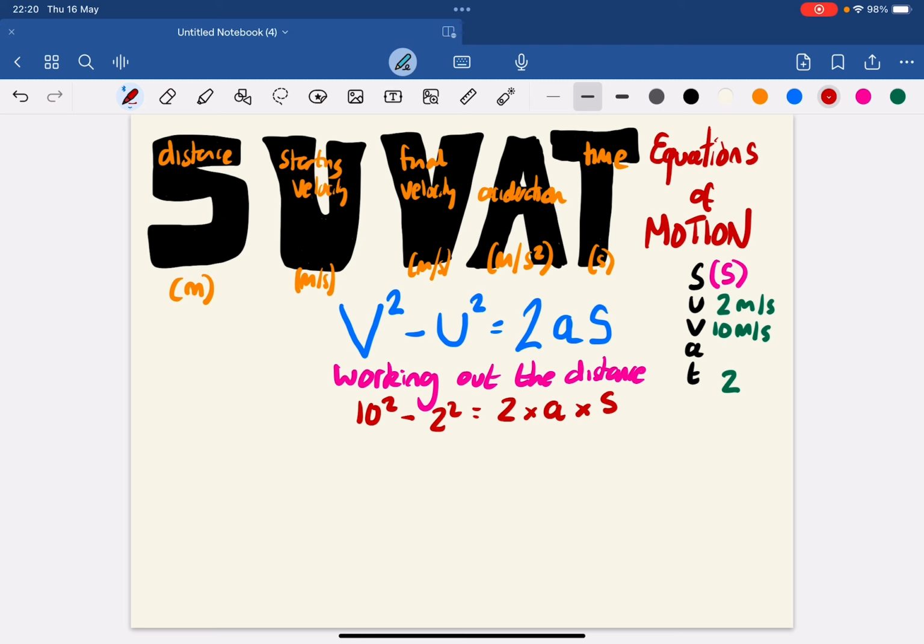So we can work out the acceleration using A equals V take away U, divided by T. So that's our acceleration equation, the change in velocity divided by time. Our change in velocity will be V take away U, so 10 take away 2, which is 8, divided by the time taken, which is 2. So our acceleration is equal to 2.